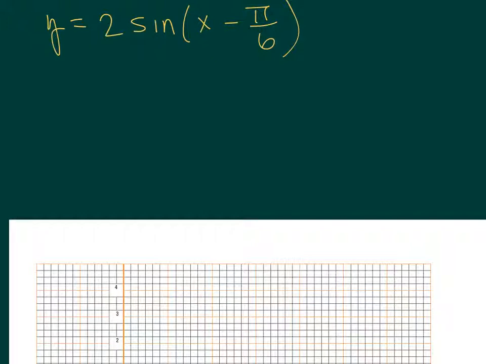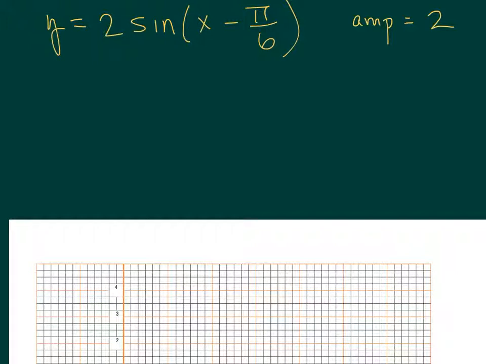Well, the 2 in front of the sine function is called a vertical stretch in algebra. If we multiply a function by a number bigger than 1, that's called a vertical stretch. And here in trig, that has a special name just for sine and cosine specifically. That's called the amplitude. So the amplitude for this function is 2.